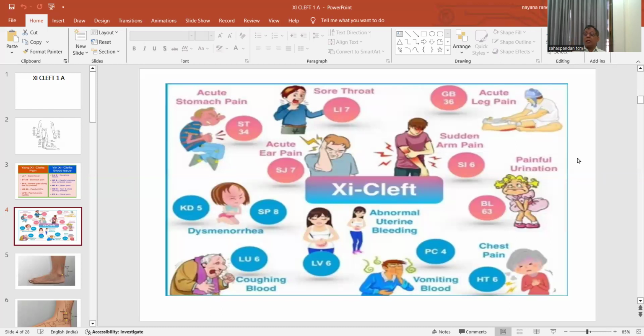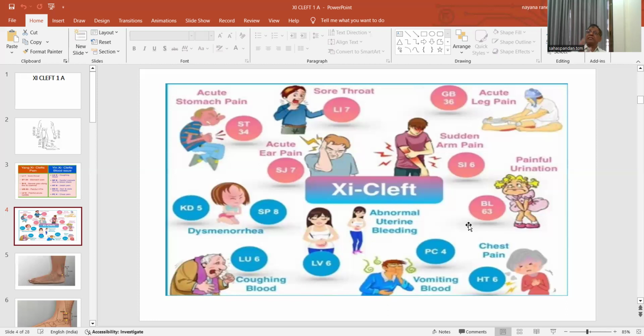For example, lung 6 is frequently used for the acute attack of asthma. And ST34, stomach 34 can be used for the acute epigastric pain.